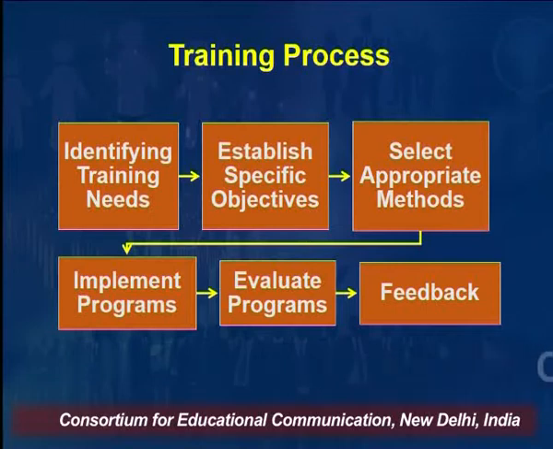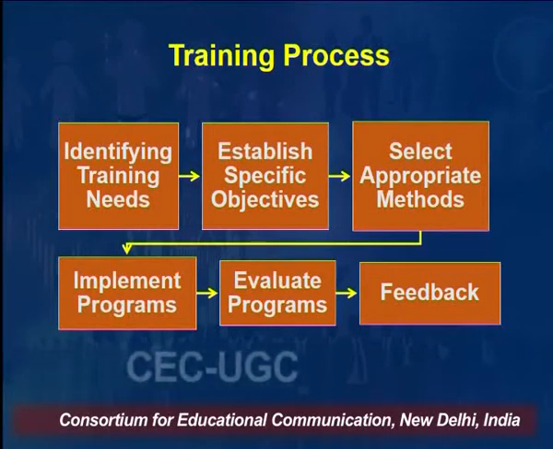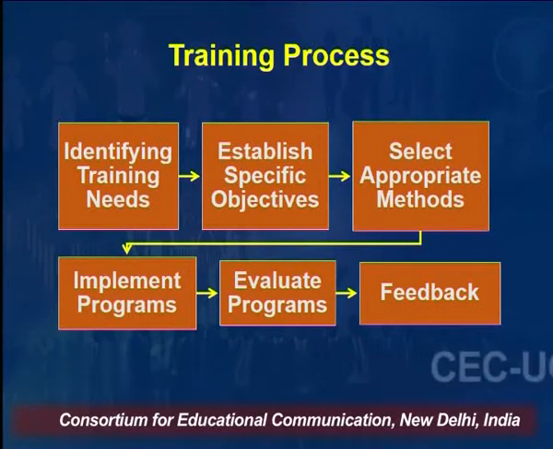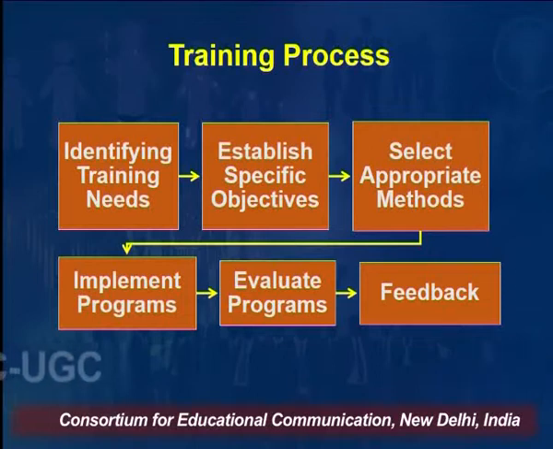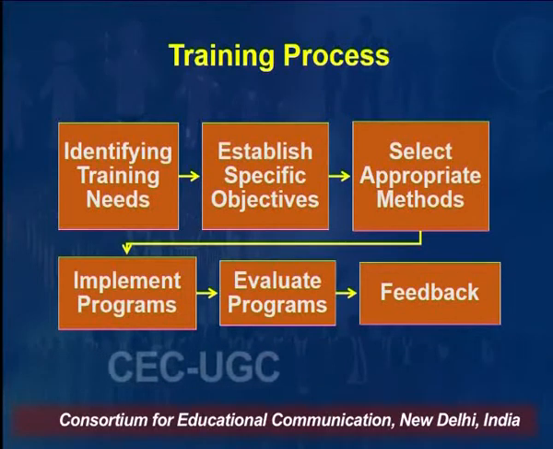Then you establish the specific objectives, that is, what the objective of this particular training program is. Every training program will have a different objective. Then you have to select the appropriate method on how to impart training. Then you actually implement that program, and then you evaluate what has been taught to the trainees.